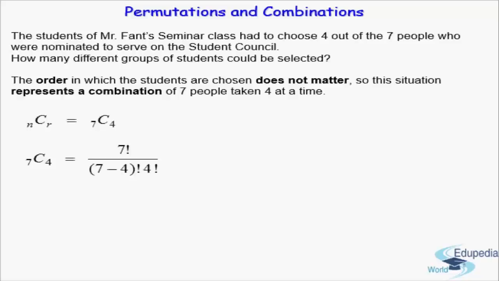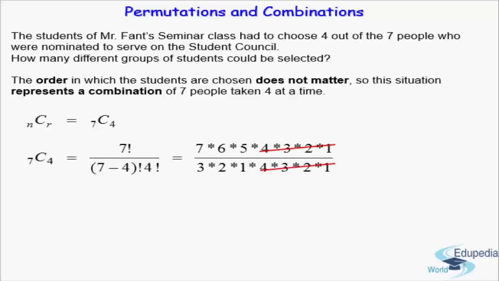And now of course you can solve it with the help of a calculator, but rather than using a calculator, we will expand this, because it will become really easy for us to solve. So 7 factorial, as we already talked about factorials, is going to be 7 into 6 into 5, 4, 3, 2, 1, and 7 minus 4 whole factorial is going to be 3 factorial, which is going to become 3 into 2 into 1.